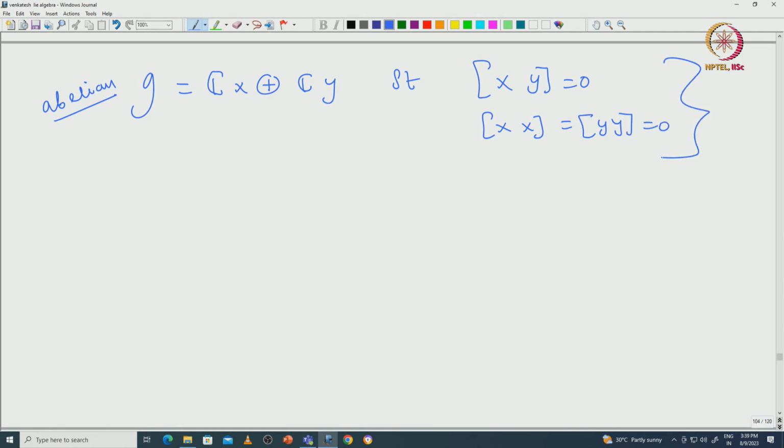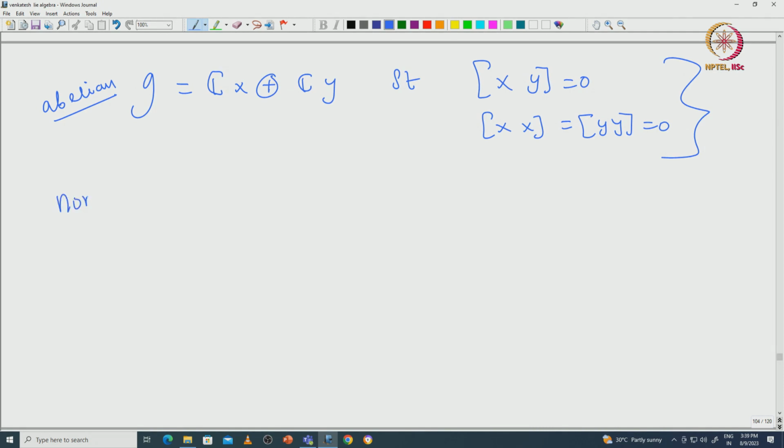Like we said in one of the lectures, it is enough to give the structure constants to give the entire Lie product. I will leave it to you to check, because there is nothing to check here since this is a trivial product. So, this will give you a Lie algebra.